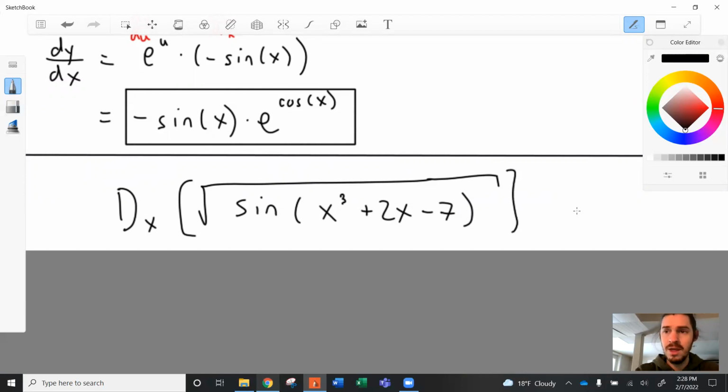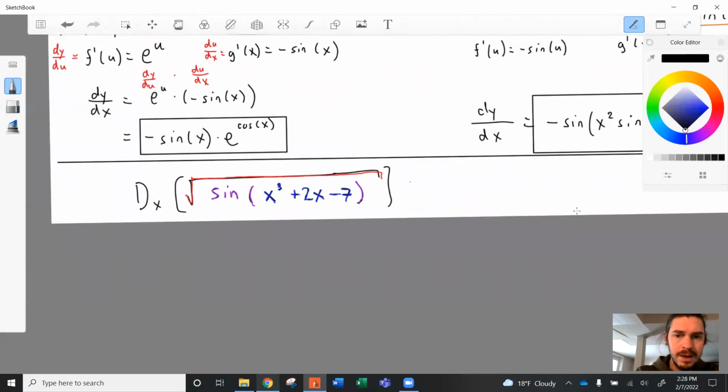I'll color code them here. Got the outermost function, I'll say. And then you have sort of a middle function, sine. And then you have your innermost function, x cubed plus 2x minus 7.